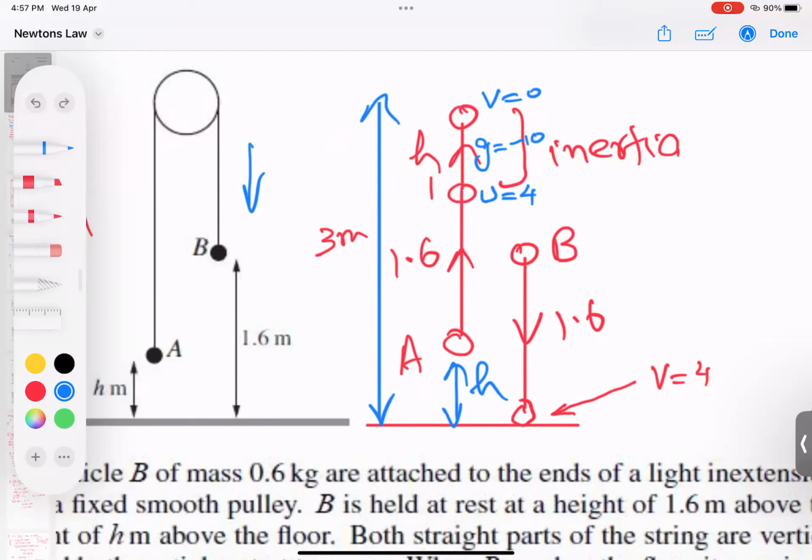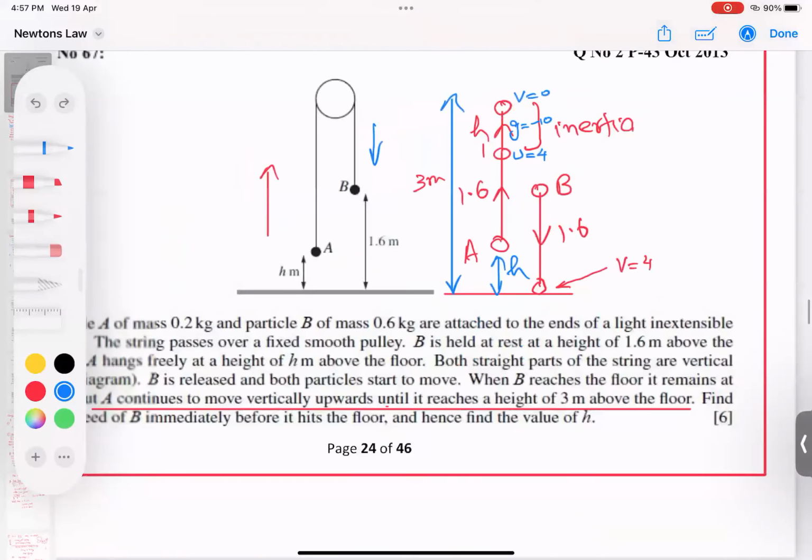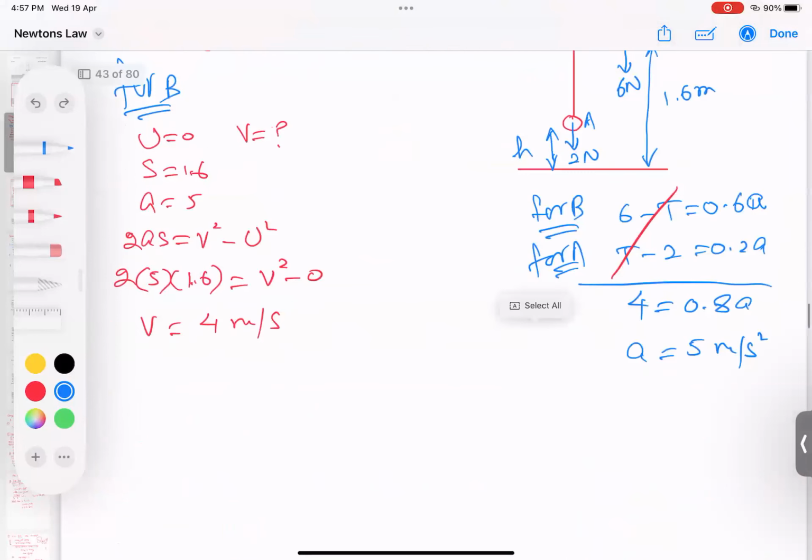So let's start. Now I talk about this one. For a particle, free fall motion upwards. I just write the word inertia. Students understand and teacher understands even. If you write this in the exam, you will understand what you are talking about.